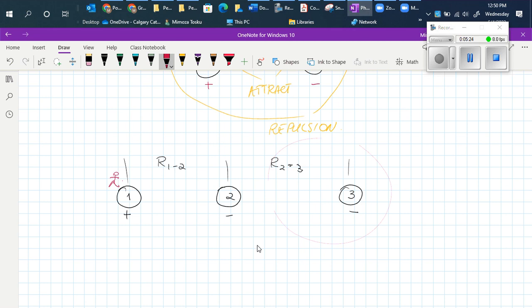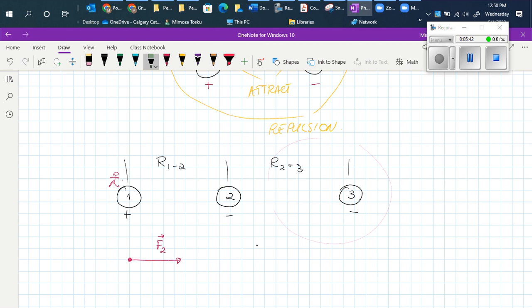Since those two are opposite charges, the force is an attraction force. So you will have a force that charge 2 is exerting on charge 1, supposing that charge 3 doesn't exist.